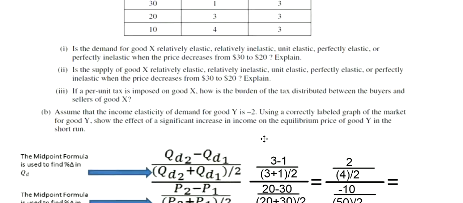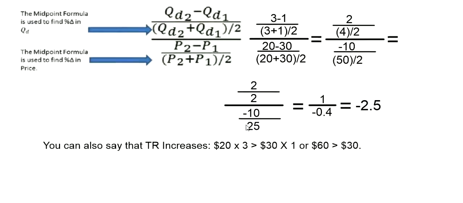So what we're really asking here is, if the income elasticity of demand is negative, which way are we going to shift the demand? Is it going to shift to the left or to the right? That's what we're trying to find out. To find this out, we need to know something about the income elasticity of demand.